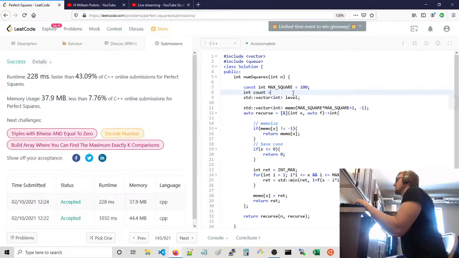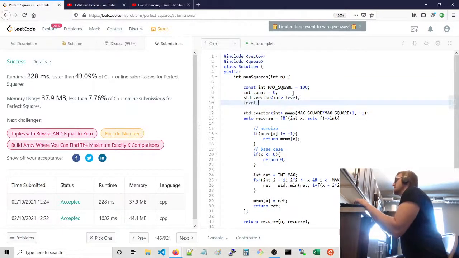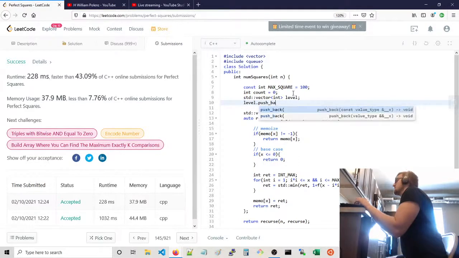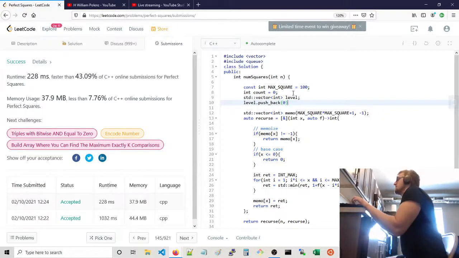Let's start off at 0, so we start to count at 0, right? And the level initially will be a 0, I think.